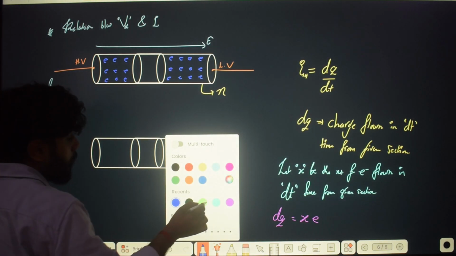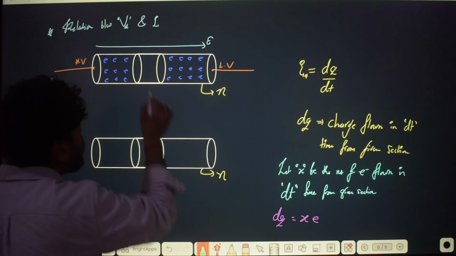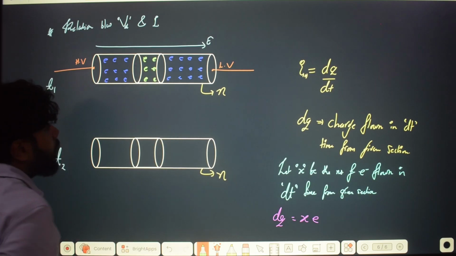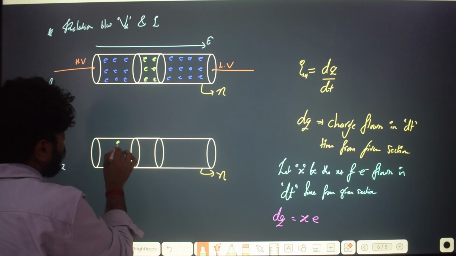So the electron which is present in the marked section or given section, I am representing with a different color.